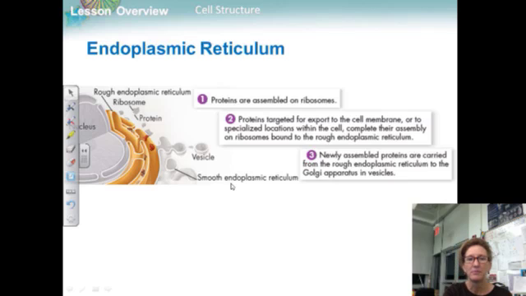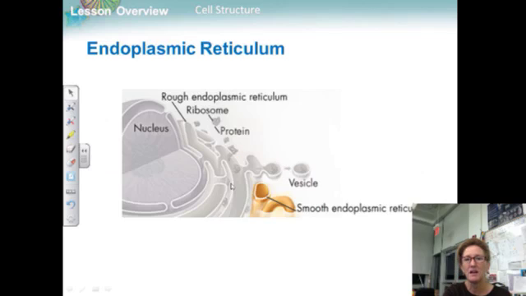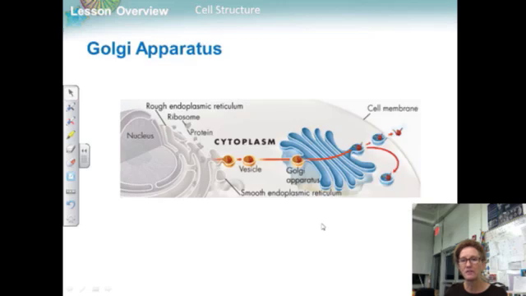All right. Proteins produced in the rough ER move next to what's called the Golgi apparatus. The Golgi apparatus appears as a stack of flattened pancakes. These proteins are bundled in tiny vesicles from the rough ER, and they go out and carry them to the Golgi apparatus.